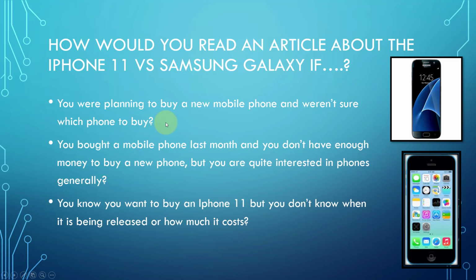So if you're planning to buy a new mobile phone and you're not sure which phone to buy, either the iPhone 11 or the Samsung Galaxy, how would you read it? So first, let's think. Both these phones probably cost about $1,000. So it's not a small amount of money.